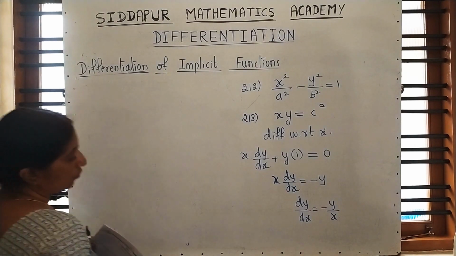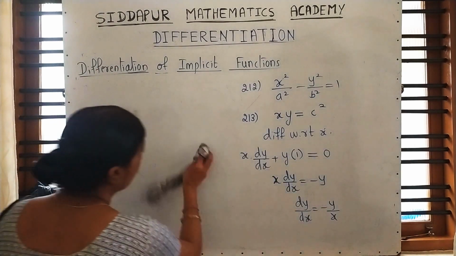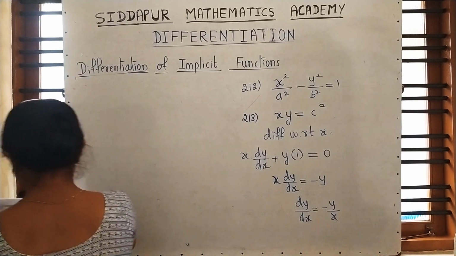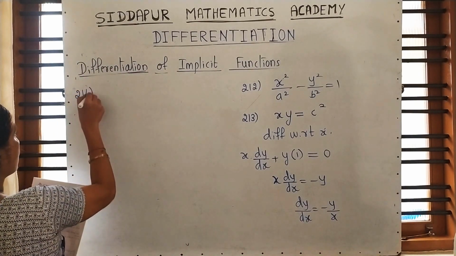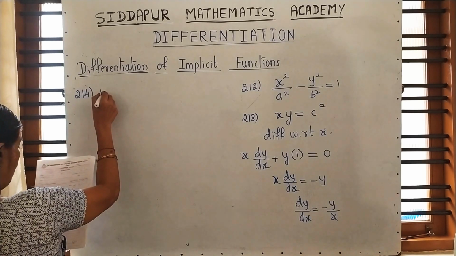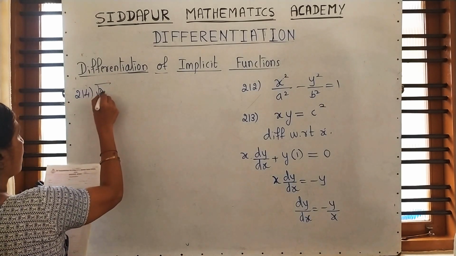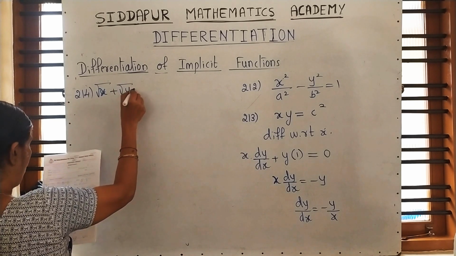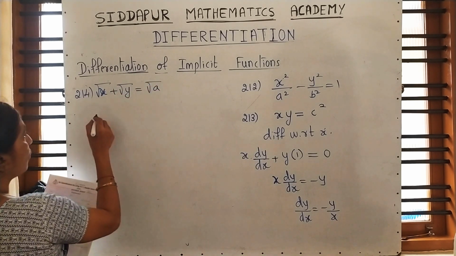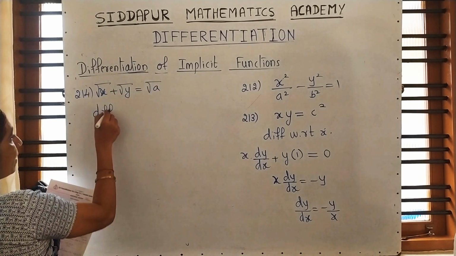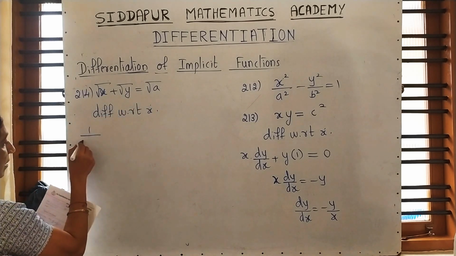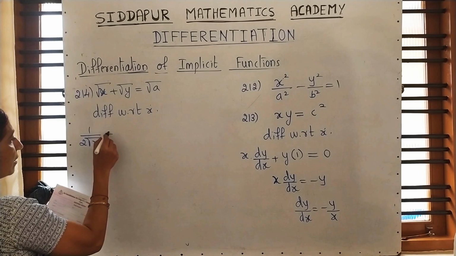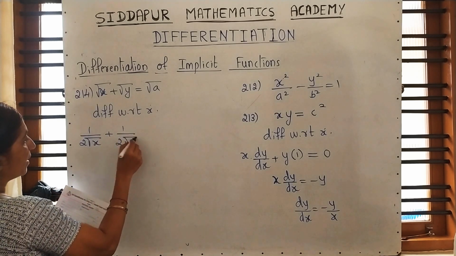Question number 214. Root x plus root y is equal to root a. Differentiating with respect to x. This is 1 by 2 root x plus 1 by 2 root y.